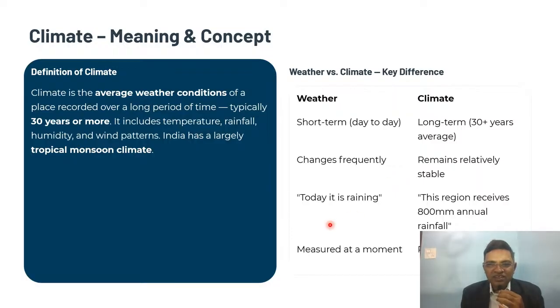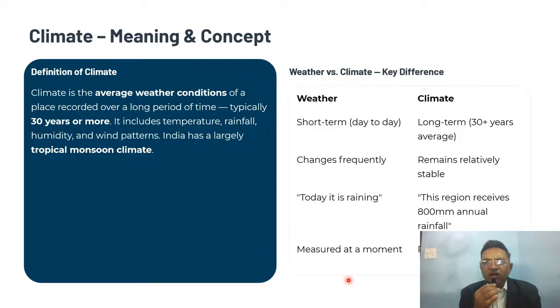In weather we say today is raining, today is very hot, whereas in climate we say that this region receives 800 millimeter annual rainfall. Weather is calculated at a moment, whereas climate is calculated over decades. So these are the differences between weather and climate. Okay, so this is the thing. Then we'll go to the next slide.